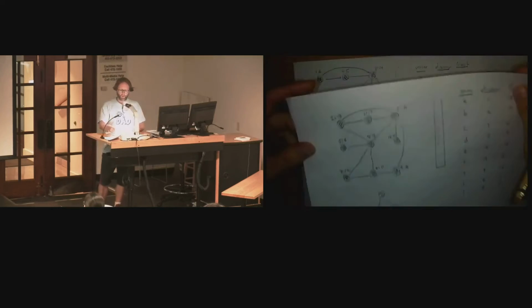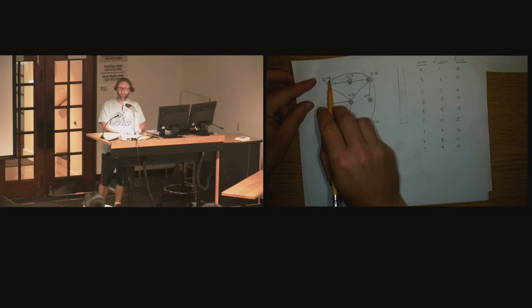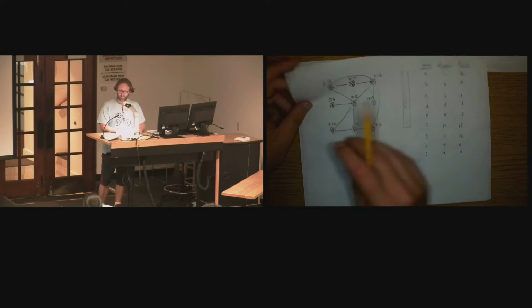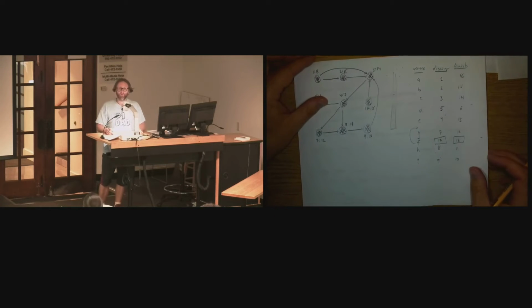Over here, we knew we were done when this is empty because it was connected. And the last timestamp was 18, twice over 9. Over here, it's 16. What do I know? I've got unvisited vertices. So that's another criteria that you can use.